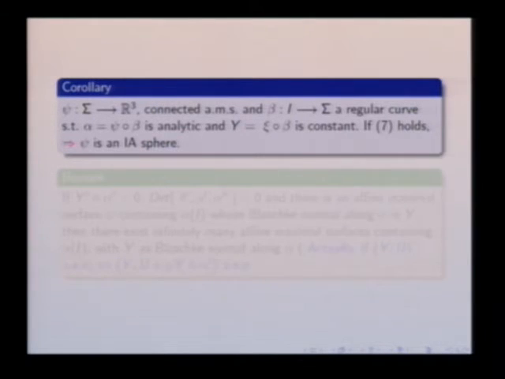If along our analytic curve the affine normal is constant, then the affine normal must be constant everywhere. So in that situation, we only need that this vector be constant along a curve in order to get an improper affine sphere.